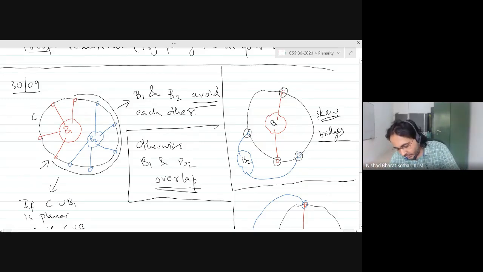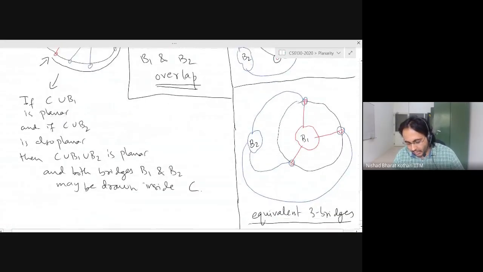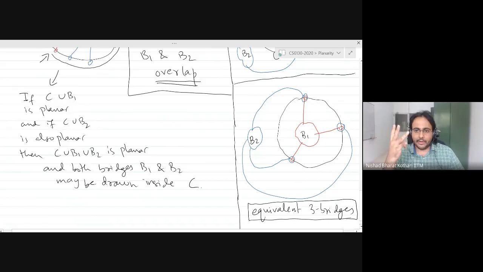In that case we say that the bridges are skew. Another possibility when the two bridges overlap is when they are equivalent three bridges. They have exactly three vertices of attachment and they both have exactly the same three, right? In this case, we say that they are equivalent three bridges.